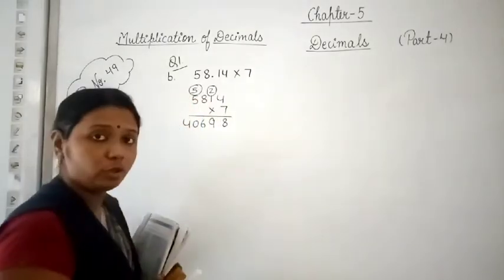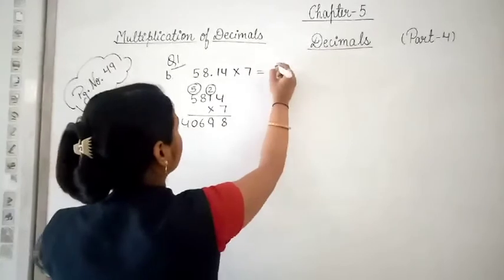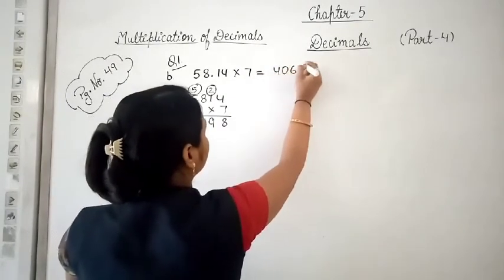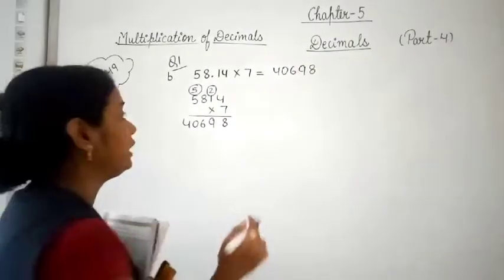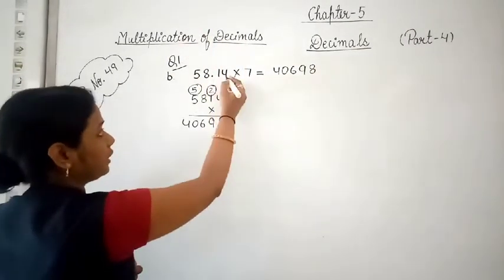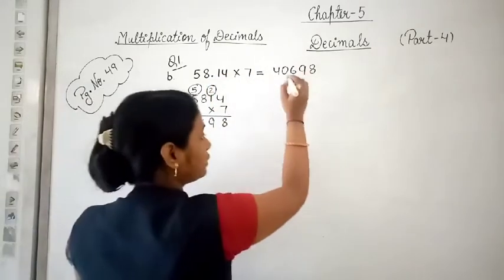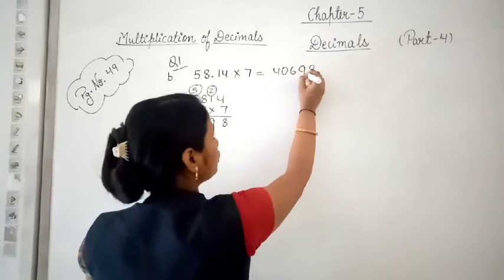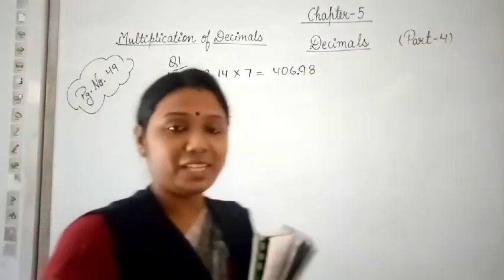So what we have to do now, we will just write this answer here, the same number, but as it has a decimal point after 2 digits, we will start counting from the right hand side. So here 1, 2 and then point. So in our answer as well, we will insert 1, 2 then point. Got it? So it's very easy.